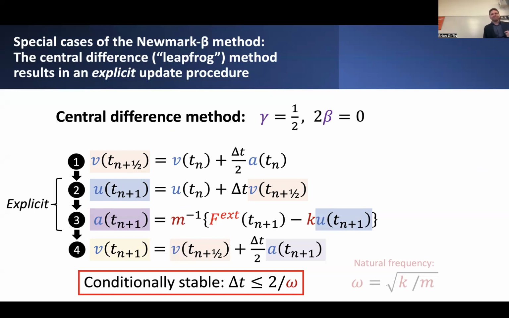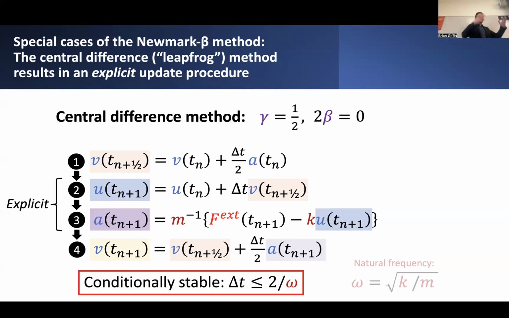Well, unfortunately, there are some drawbacks to this central difference time integrator. If you were to implement this algorithm, even for the simple one-dimensional harmonic oscillator problem, you would find that depending on how you chose the time step, the value of delta t, if you chose a value that's too big, you would get some vibration behavior, but those vibrations would start to grow exponentially.